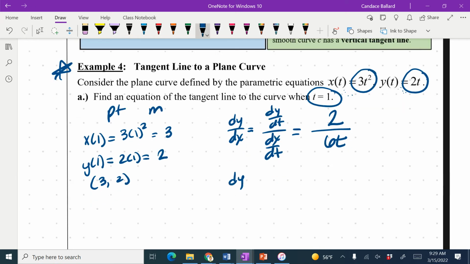And remember the notation is dy/dx when t equals 1, is typically what we would write if we're in this dy/dx notation. So we've got 2 over 6 times 1.